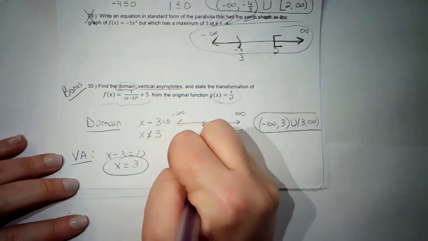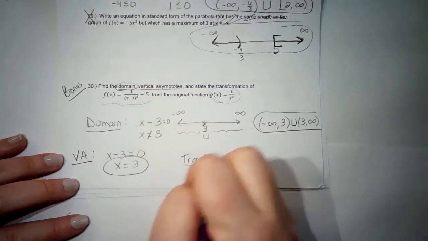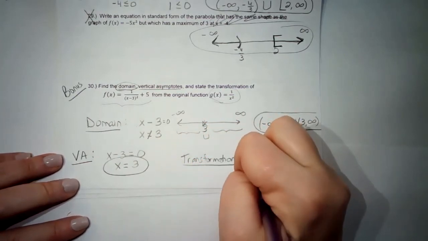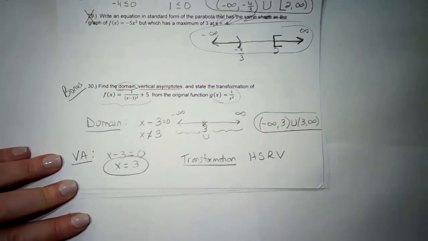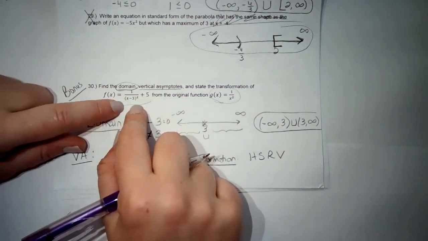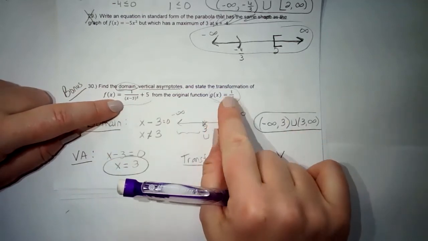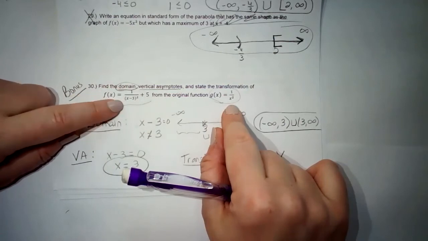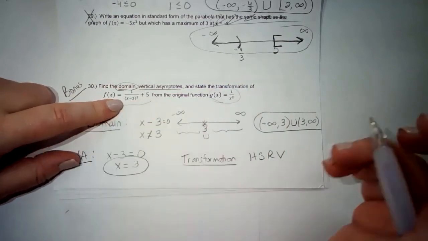Now your transformation means, remember, hippos seem really violent. Remember that? Okay, so what we want to know is from this little problem here, was there any kind of horizontal change from this to this? Sure, there's a 3 and it says -3.